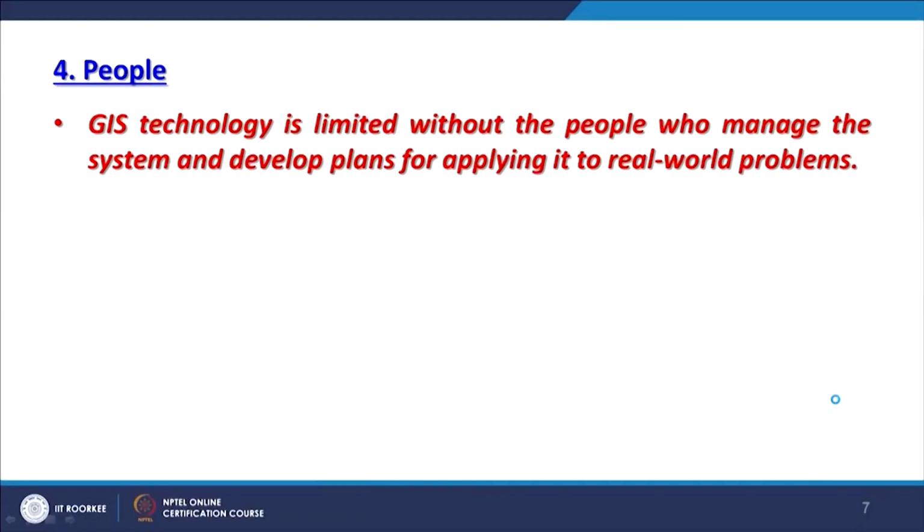GIS technology is limited without the people who manage the system, who run the system, develop the tools, and develop the bridges between different domains: the mathematical domain to GIS, computer science to GIS, and many other disciplines. Somebody might have developed a hydrological model to predict discharge on a river stream.